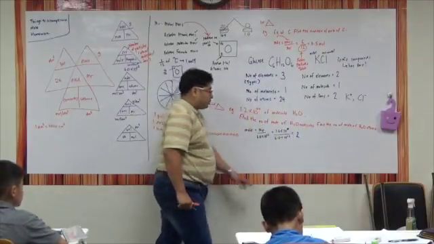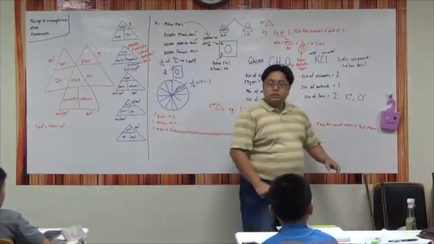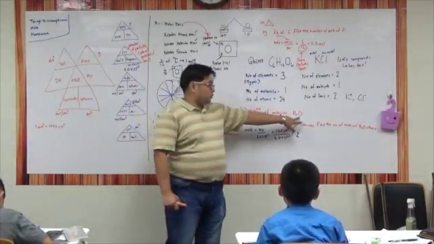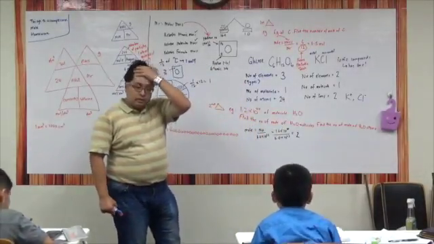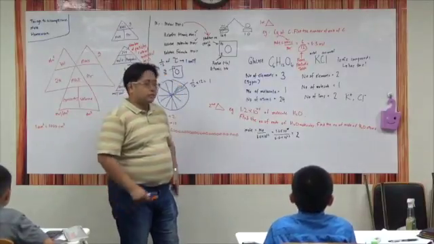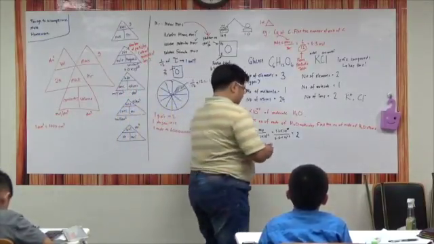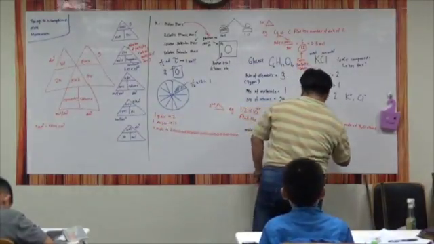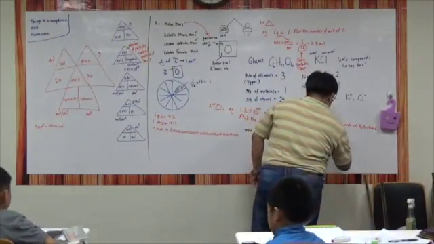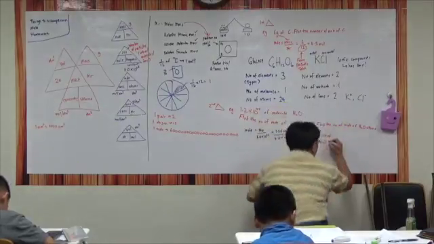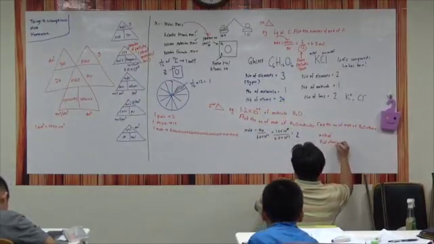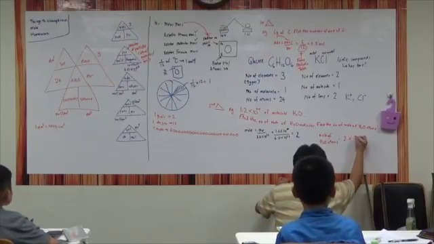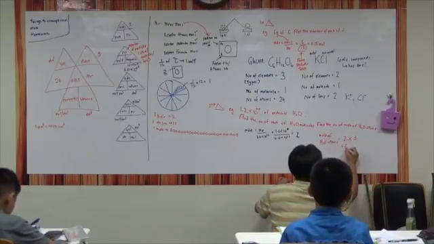Is there a difference between when we talk about molecules and atoms? Yes, there is. Inside the molecule of water, how many atoms are there? 3. There are 3 atoms. So therefore, your number of moles of water atoms is equal to 2 times 3. So that's 6.